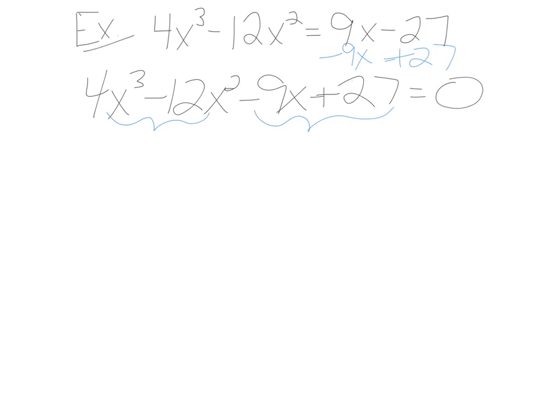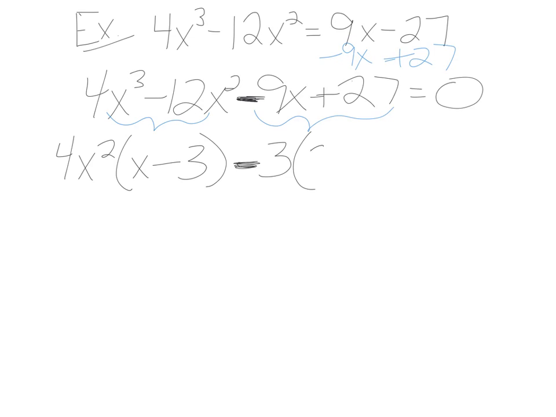Out of 4x cubed and 12x squared, those both divide by 4x squared. So when I divide 4x cubed by 4x squared, it's just x. Minus 12x squared divided by 4x squared would just be 3. There's a minus right here, so I have to put a minus here. Looking at 9 and 27, those both divide by 3.